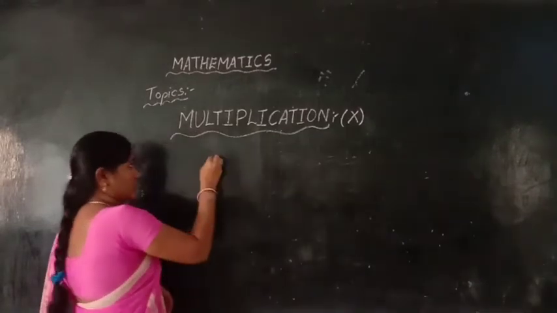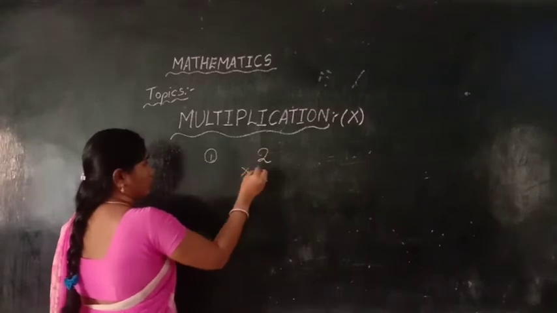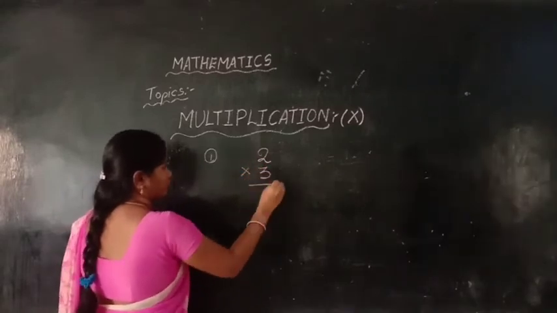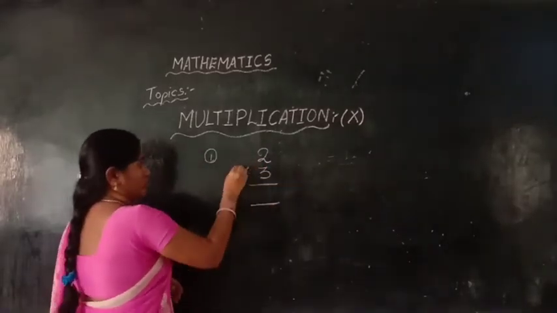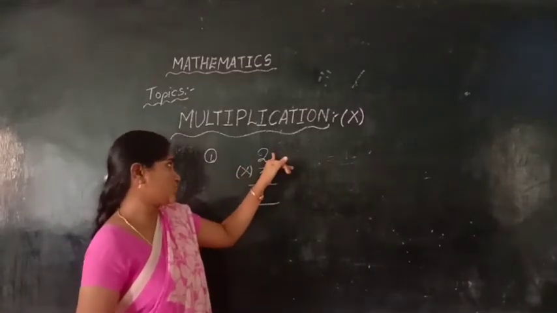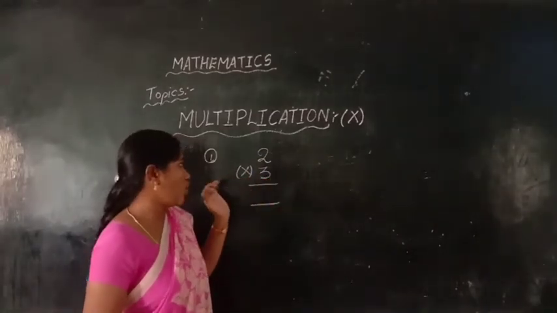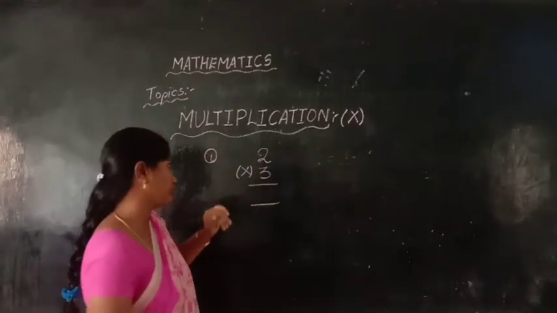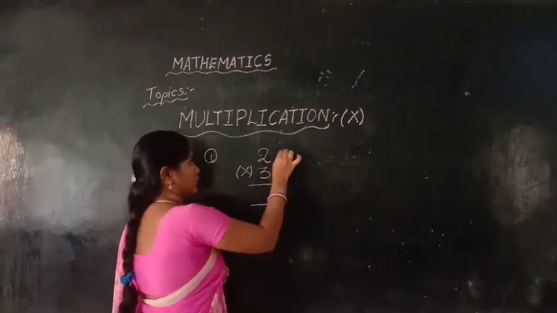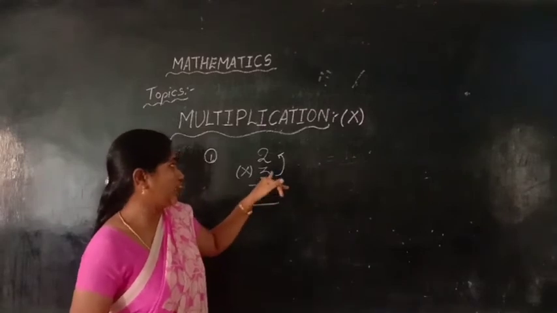See here children, example 1. 2 into 3. 2 is multiplied by 3. Okay children. Now see here how to do the multiplication. First, read like this, all of you. 3 into 2.